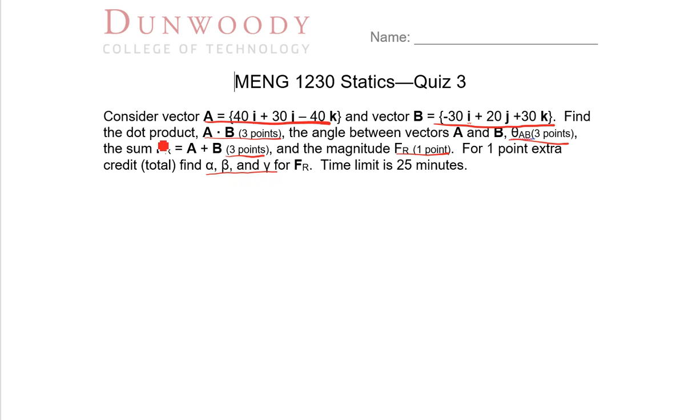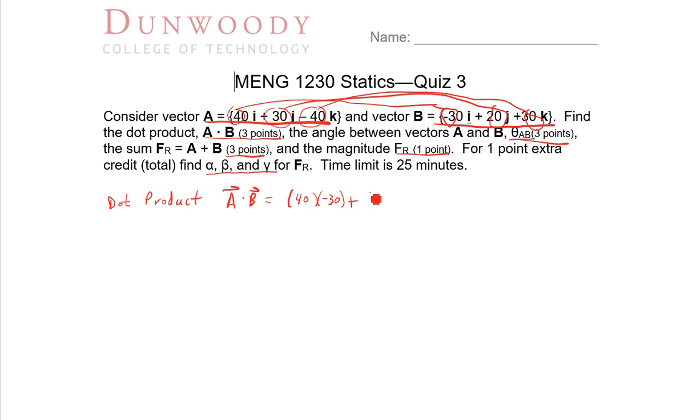So starting with the dot product, we're going to take each of the i terms, multiply them together, add them with the product of the j terms, and finally the product of the k terms, and add all those together. So A dot B equals 40 times negative 30, plus 30 times 20, plus negative 40 times 30.